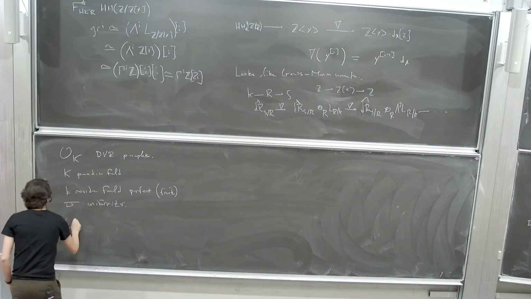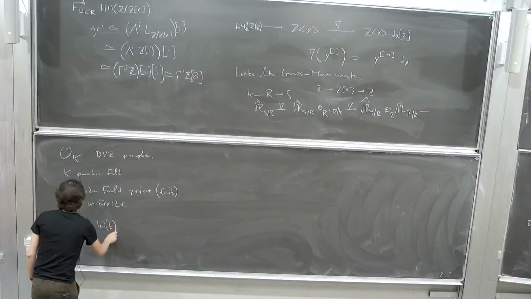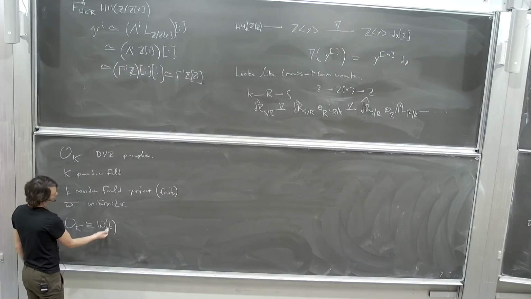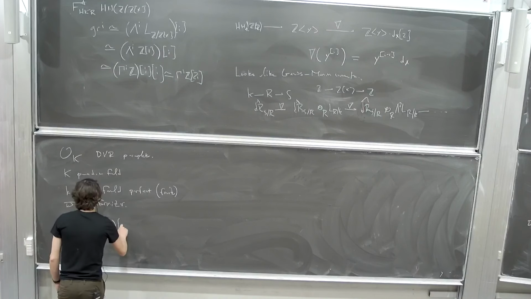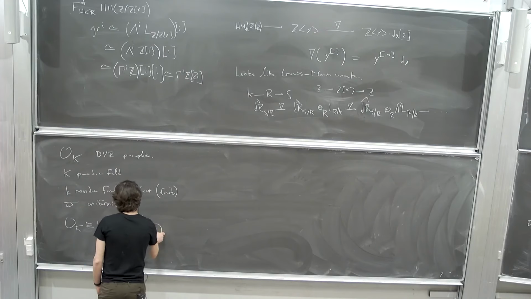Anyways, this O_K can be presented as: you take the Witt vectors of little k, an unramified extension of Z_p, adjoin a variable z, and mod out by an Eisenstein polynomial.